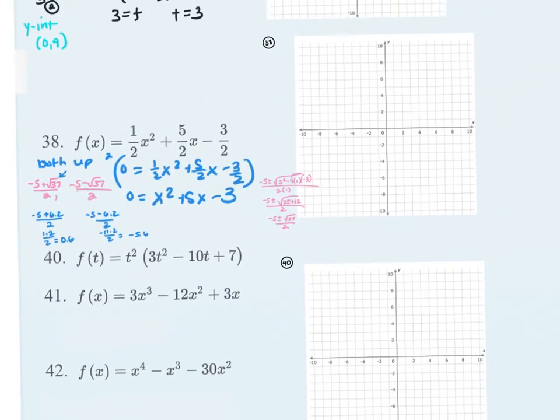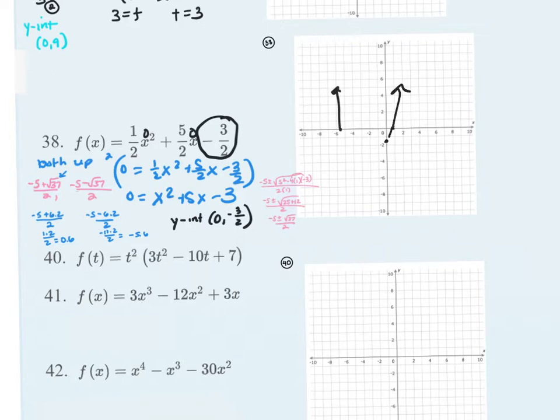The last thing is the y-intercept, plug zeros in here and I get just -3/2. So my first 0 is 0.6, the other one is -5.6, and my y-intercept is -3 over 2, which is 1.5. This is obviously a parabola, so I can put my arrows up on both sides.